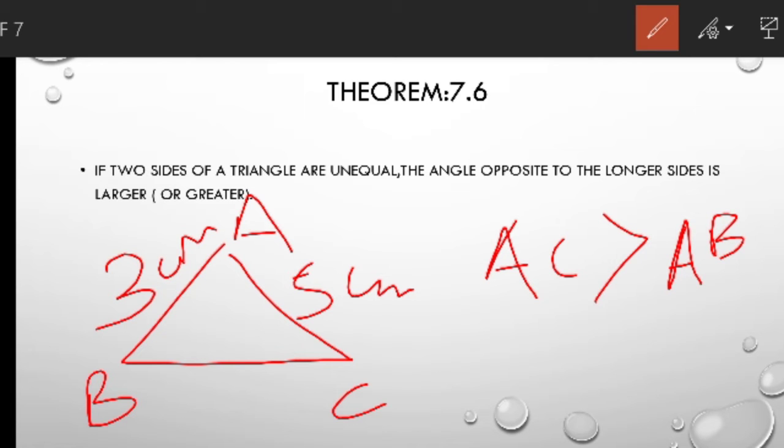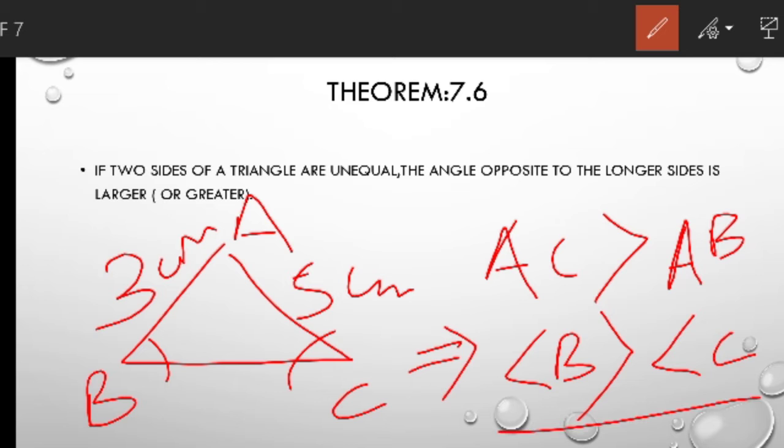The opposite angle of AC will be angle B, and the opposite angle of side AB will be angle C. So we can say this implies the opposite angle of AC, angle B, is greater than the opposite angle of side AB, angle C. So when the sides are unequal, the corresponding opposite angles of the triangle are also unequal.